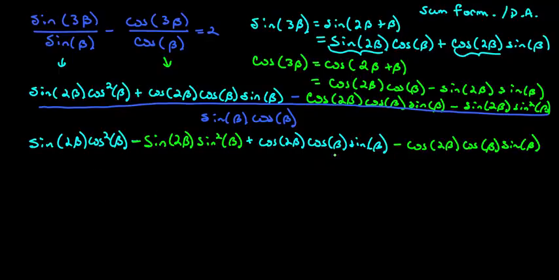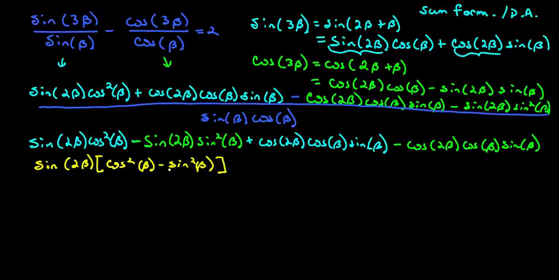Let's see here. These last two have sine beta, cosine beta in them, so I can factor that out. So I could go something like this if I wanted to. Now I'm just going to start writing the same color. I could pull out a sine 2 beta, and that's going to leave me with cosine squared beta minus sine squared beta.